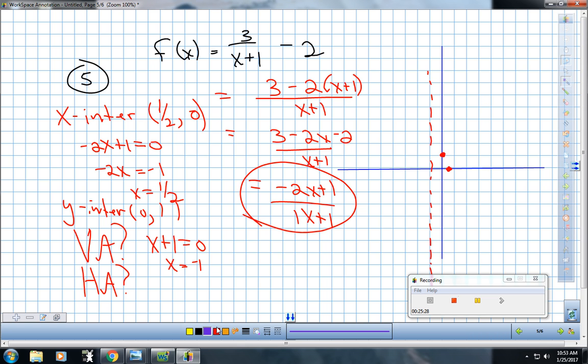The degrees were the same, right? They're both to the 1. So the horizontal asymptote is at the ratio of their coefficients. So y equals -2. That makes sense, everybody? Okay, y equals -2.